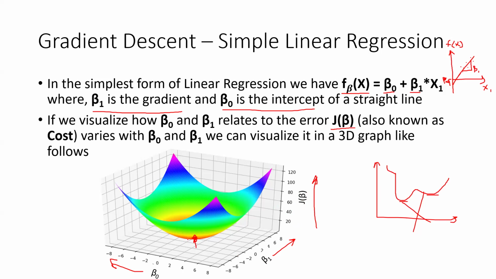So we want to find the beta 0 value and beta 1 value at the point where J beta is minimized, right? In this case it is 0, 0, but generally it may be any point, right? It can be 5, 3, 8, 6, or whatever number, when it comes to beta 0 and beta 1.